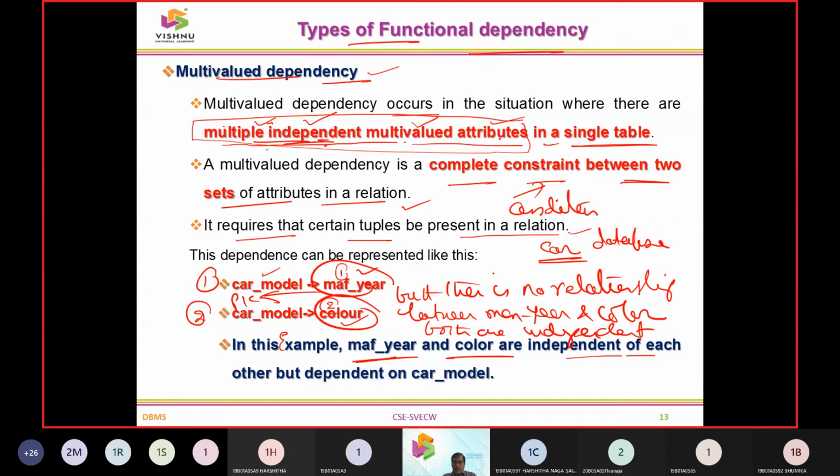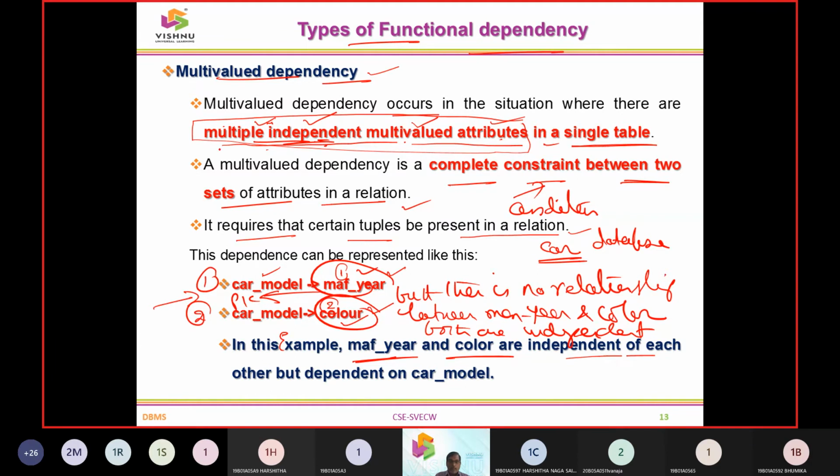Next, multi-valued attributes. So I need to get a car model. To get this car model, I need both the values, value 1 manufacturing year, value 2 color. Until I get manufacturing year and color, I can't decide the car model.